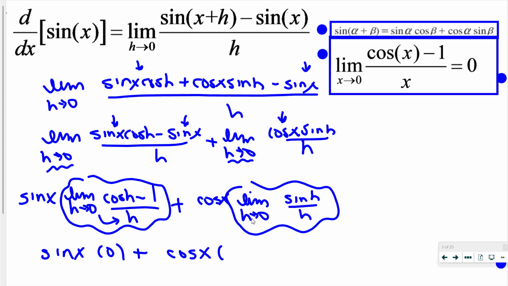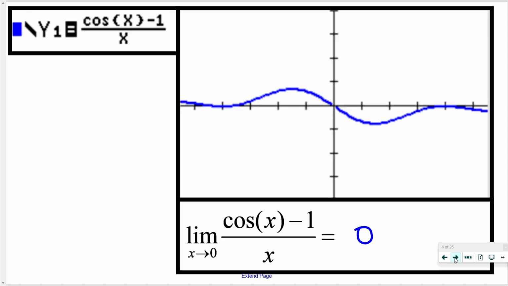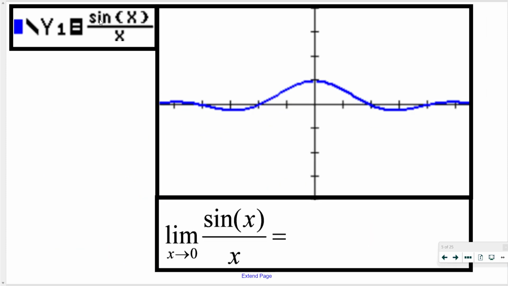I'm going to look at the limit as h approaches 0 of sine h over h. Again, I can't substitute in 0 because I'd be dividing by 0. Nothing to factor, no conjugate. So let's look at a graphical perspective, which is similar to substituting in insanely close values to 0. Here's my graph of sine x over x. If I want to know the limit as x approaches 0, I look from the left-hand side.